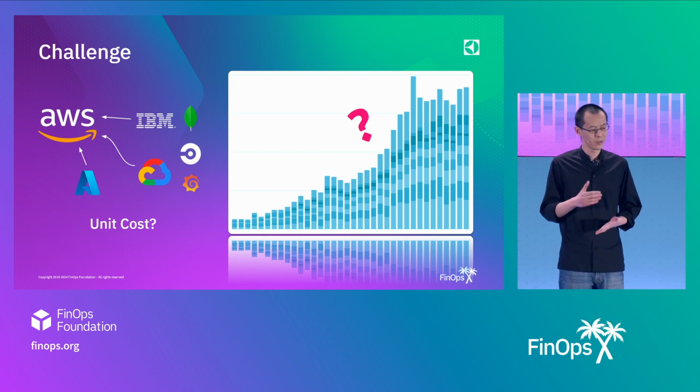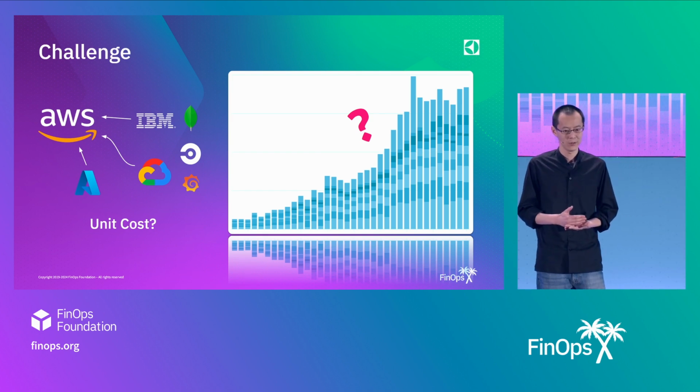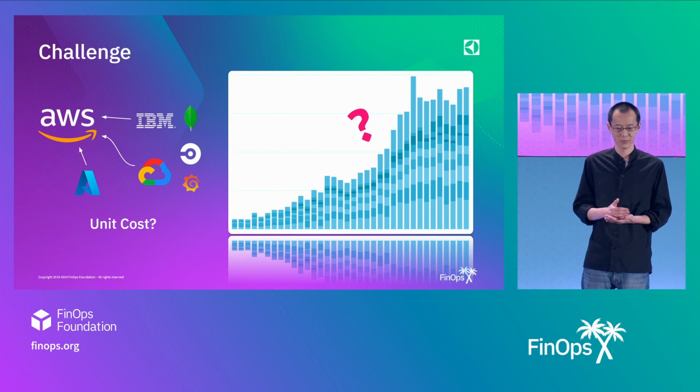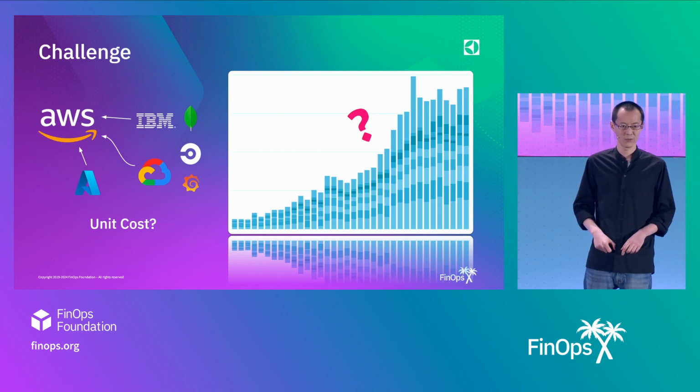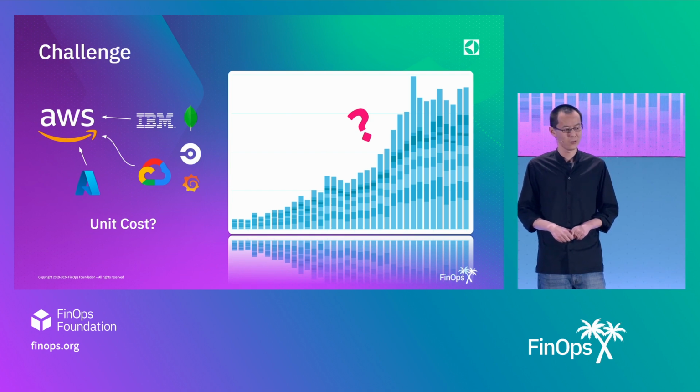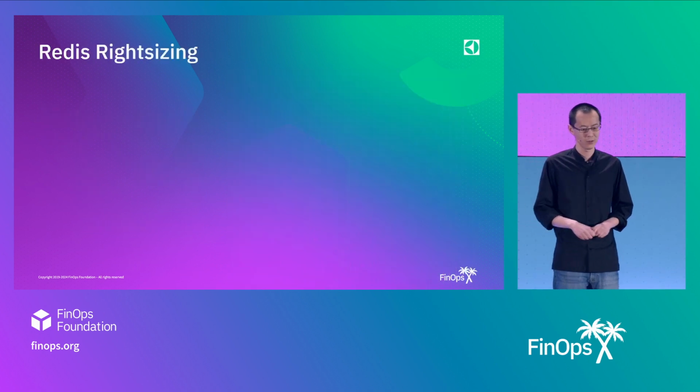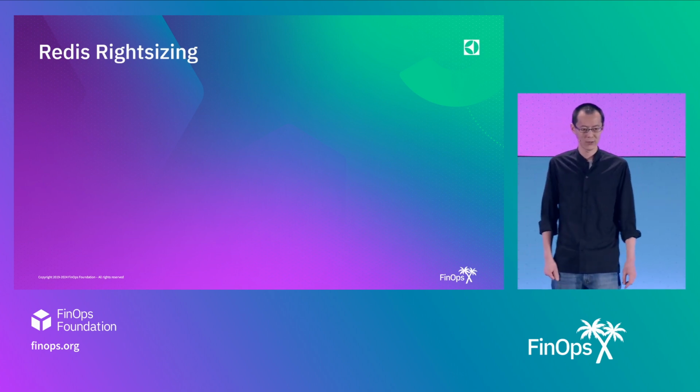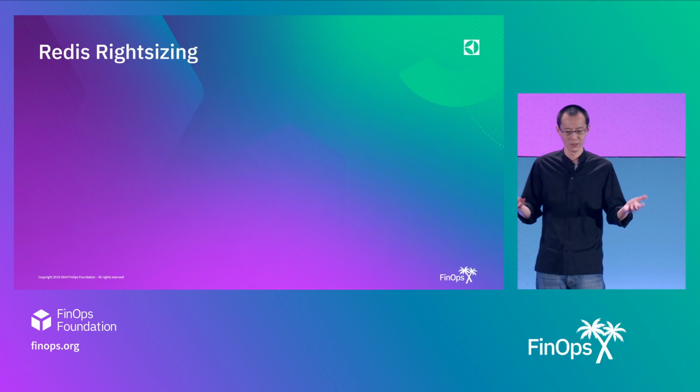To give this answer, we also realized that the product team is a bit occupied with features and different development work. So we started with our own team only. Since we are the infrastructure team, we started to look into our top spending in AWS, and one of the top spending is actually Redis instances. Most services are using caching for better performance, and we have a lot of Redis instances by different products.